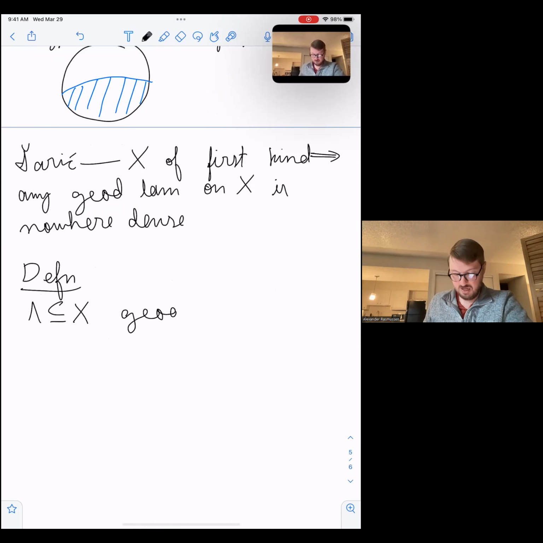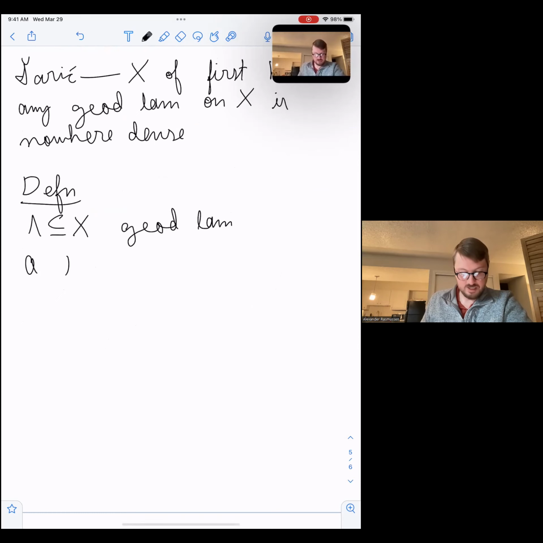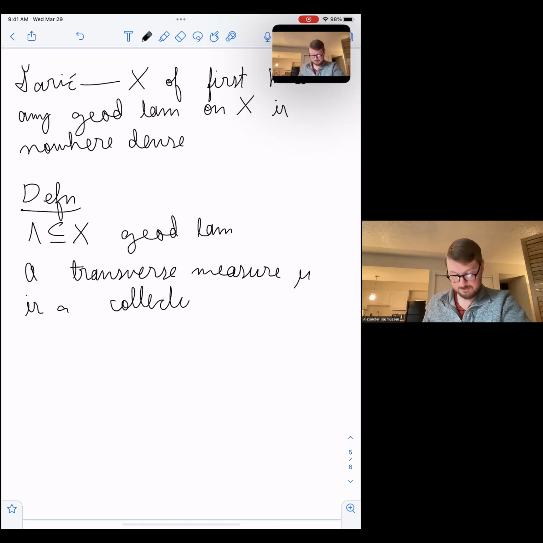So we have a geodesic lamination lambda on our hyperbolic surface X. A transverse measure mu is a collection of finite Borel measures, which I'll denote mu sub tau.